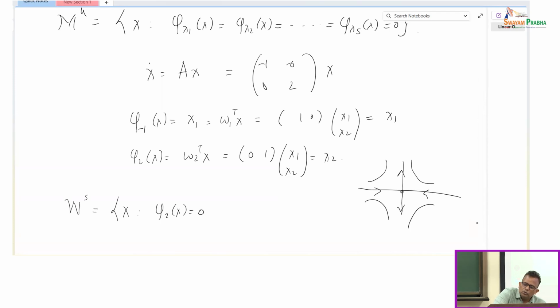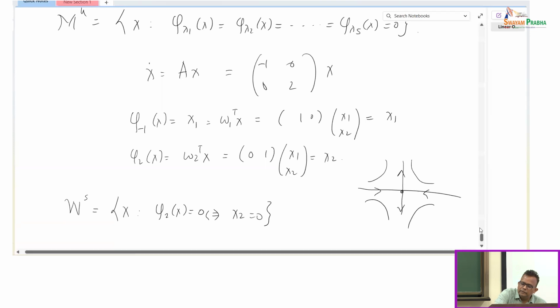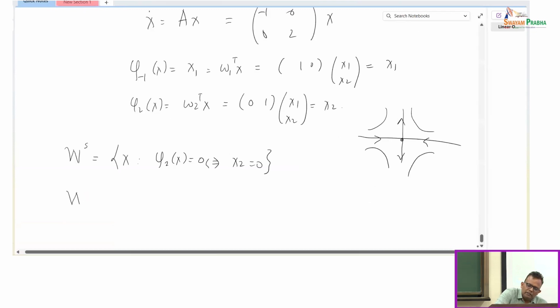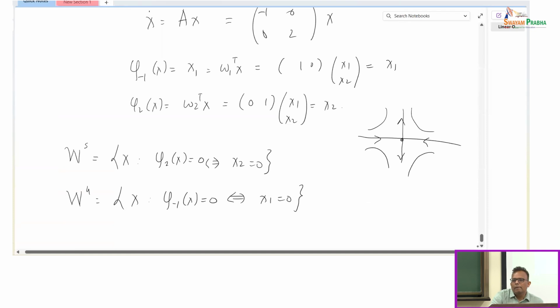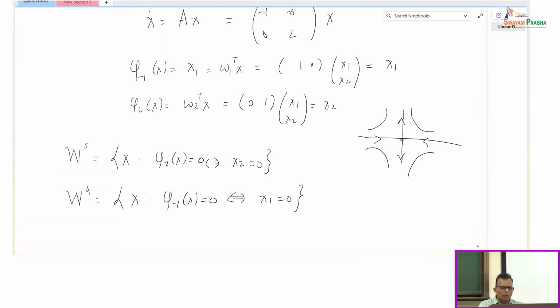That is x2 equals 0, which is exactly the stable direction. And the unstable subspace is the set of all points where phi minus 1 of x equals 0, which is the same as x1 equals 0.